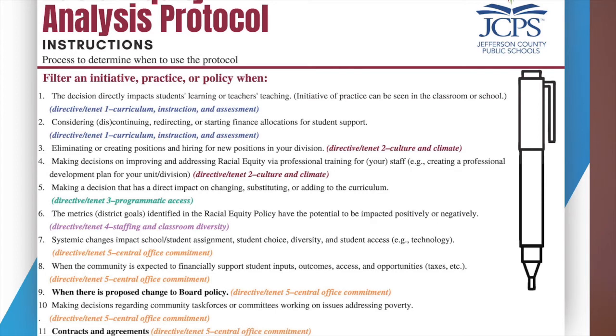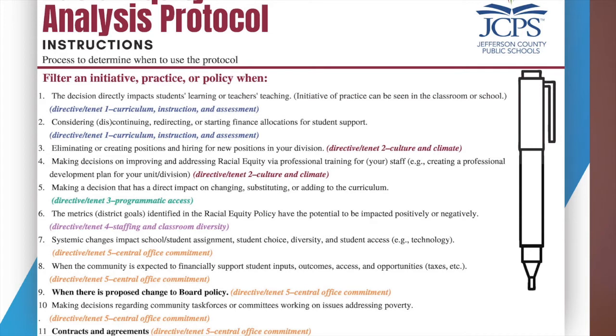Another example might be, let's take a look at systematic changes that impact school or student assignment, student choice, diversity, and student access. That's a central office commitment. And then lastly, an example regarding professional development, making decisions on improving and addressing racial equity via professional training.